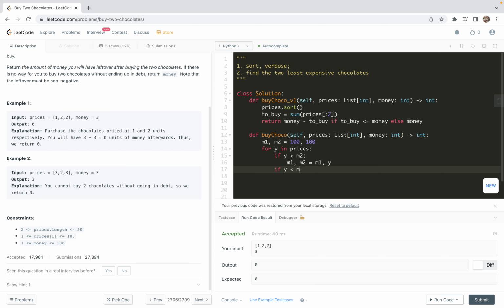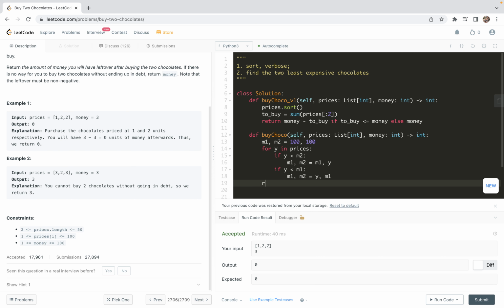If y is also less than m1, it's very small. In this case, we set m1 and m2 to be y and m1. This way, after we finish the iteration, m1 and m2 will be the two least expensive ones. This is what we hope.